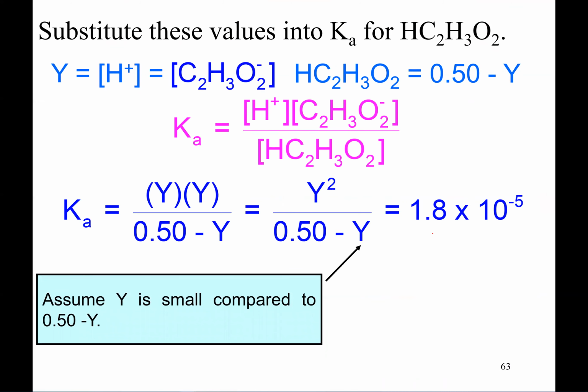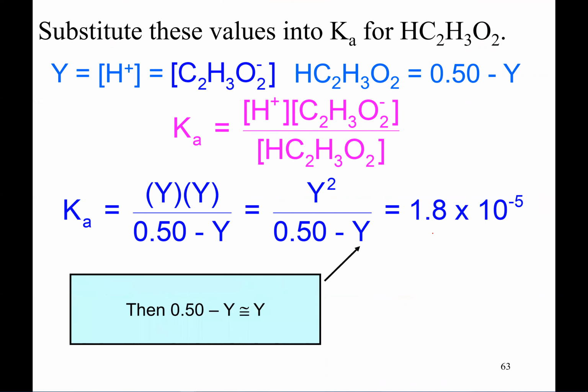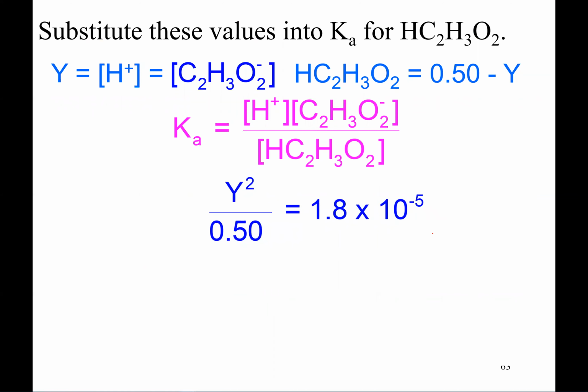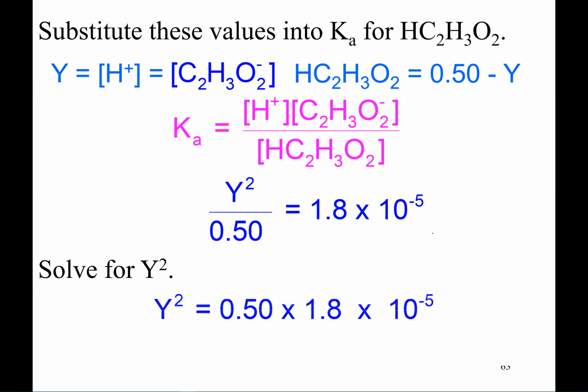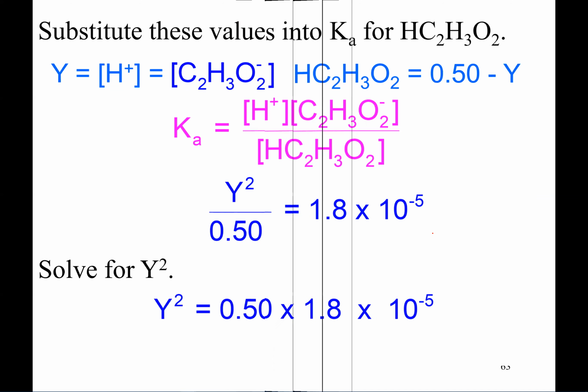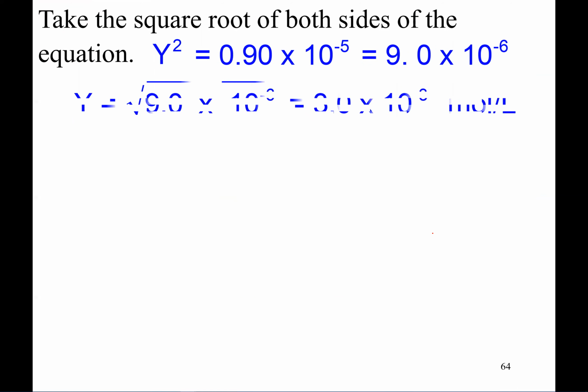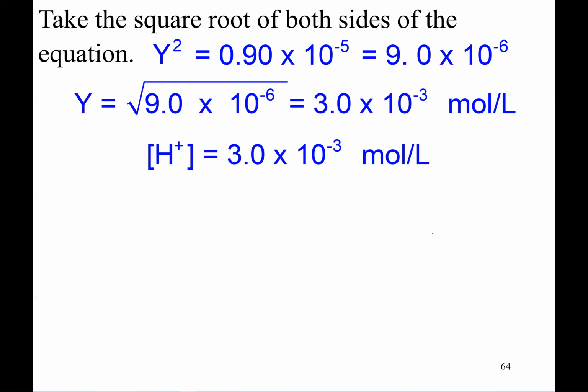Assume Y is small compared to 0.5 there. So the denominator is essentially 0.5, and then you solve for Y squared, and you take the square root of both sides there. You get 9 times 10 to the minus 6. Y is 3 times 10 to the minus 3 moles.